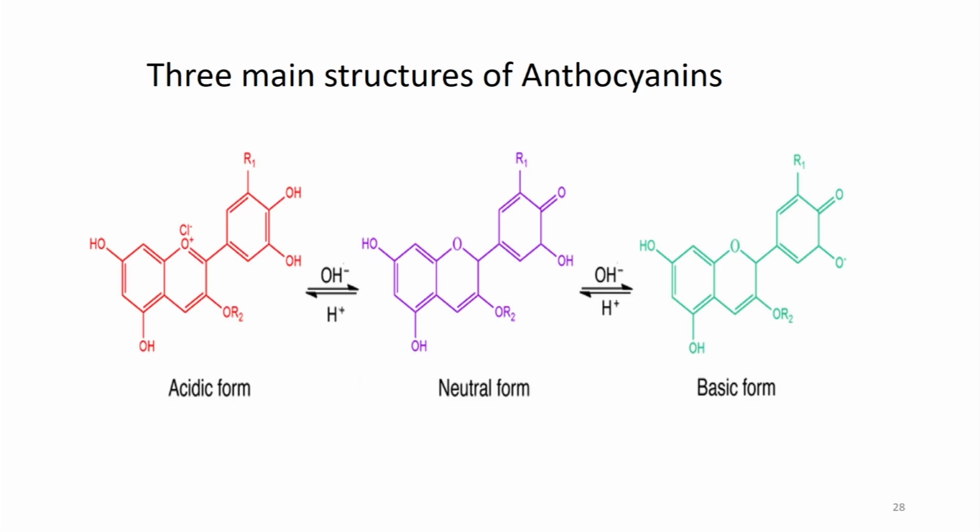What it means is that it is just a matter of protonation and deprotonation that makes all the changes in the structure. Whether we are adding acid or a base can change the structure marginally, making a change in the color. And that is something we have to remember, that the main role of a pH indicator comes from structural differences of protonation and deprotonation.